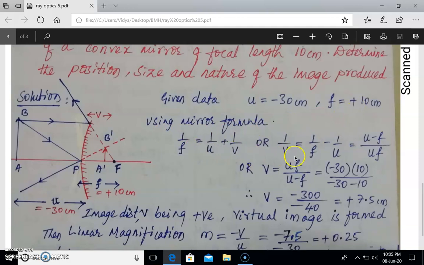Using the mirror formula, 1 by F equals 1 by U plus 1 by V, or 1 by V, to calculate the image distance, I rewrite this: 1 by V equals 1 by F minus 1 by U, or U minus F divided by UF.